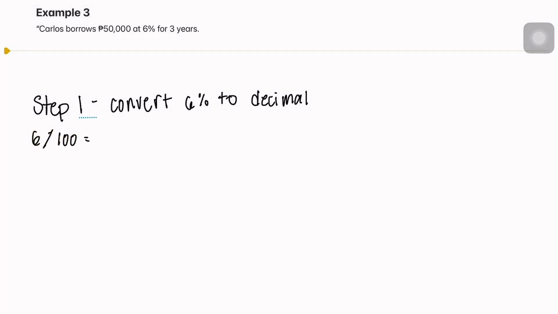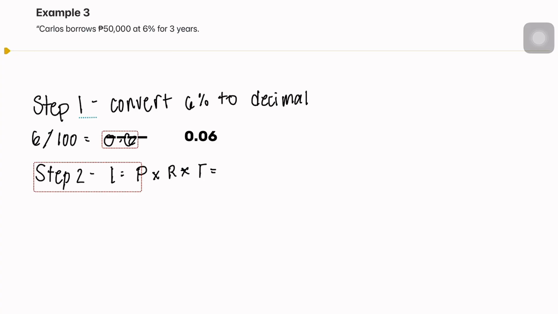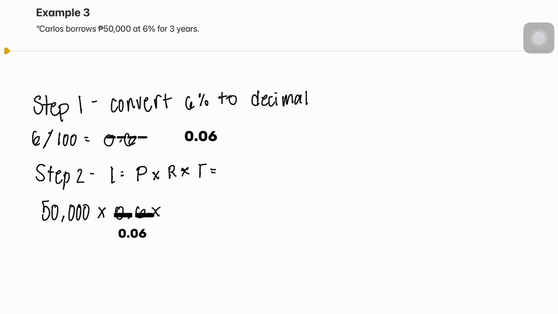So here, we're changing the percent to decimal. 6 divided by 100 is equal to 0.06. Moving on to our step 2, substituting the values into the formula. Our P is 50,000, our R is 0.06, and our time is 3 years.